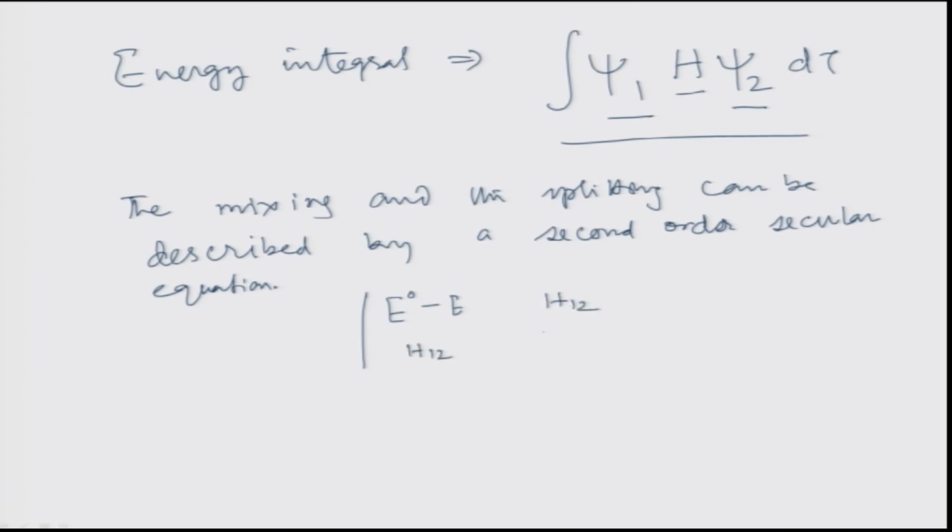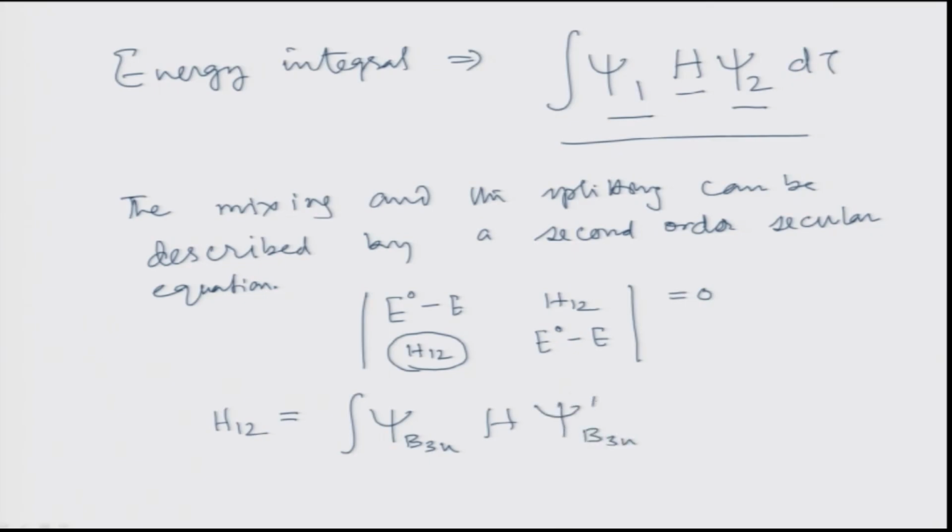It's very similar to the other secular equation that we have formed. Here H12 is of particular interest, because this off-diagonal element gives you the interaction term, right. So this H12 I can now express in the following way. If I take psi B3U and the Hamiltonian, and then I get a new psi B3U, I call it psi B3U prime.